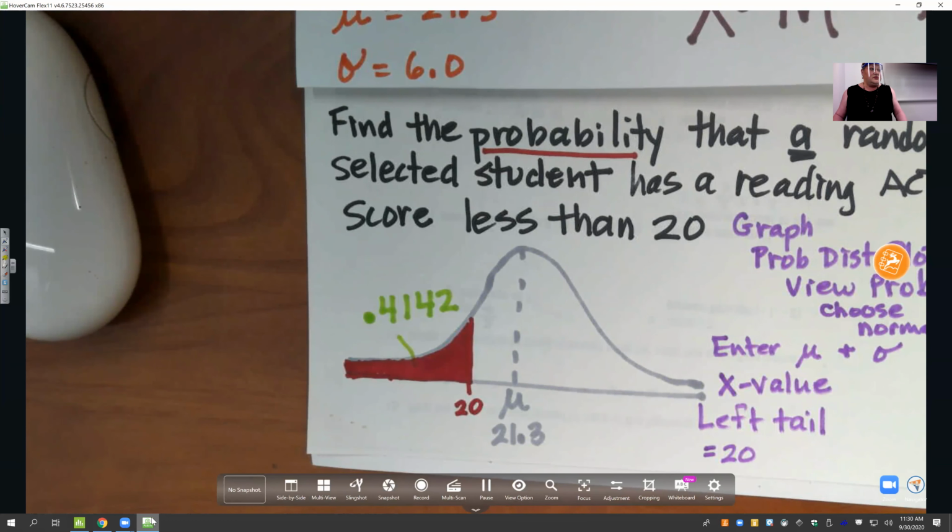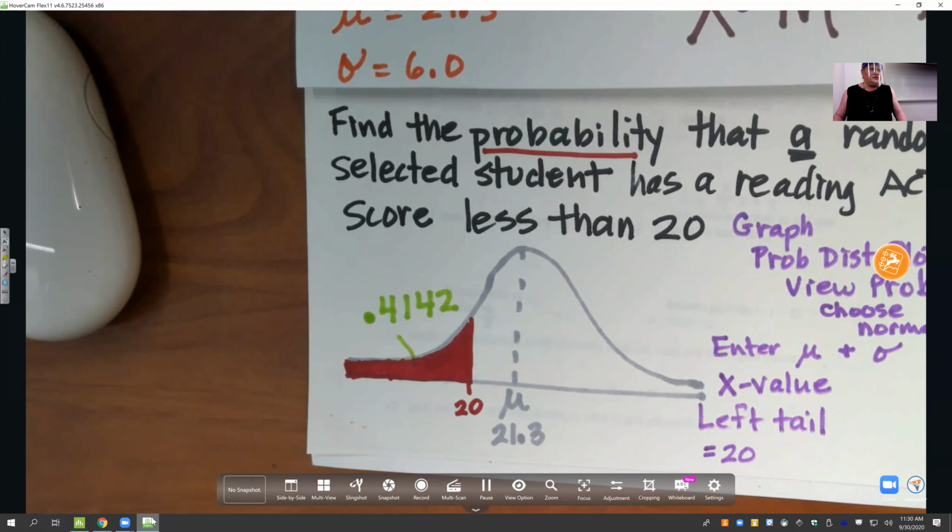Okay. Same scenario. So we still have ACT scores, normally distributed, standard deviation of 6, and a mean of 21.3. That hadn't changed.